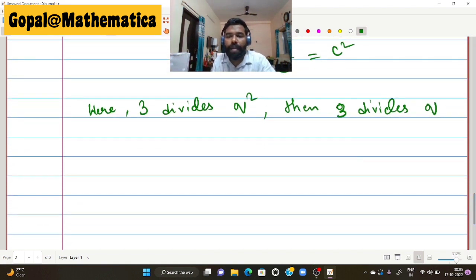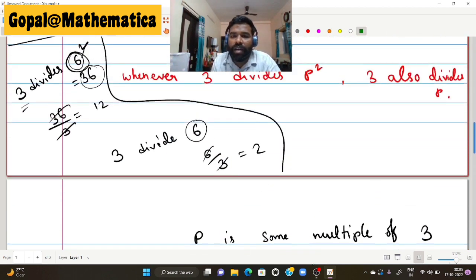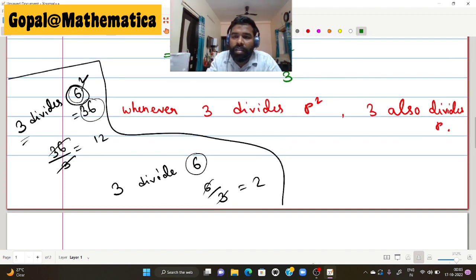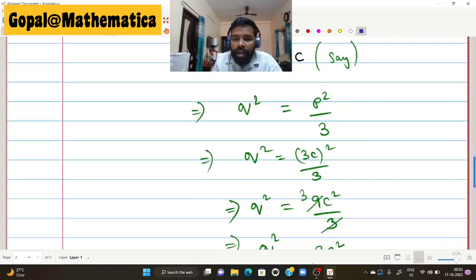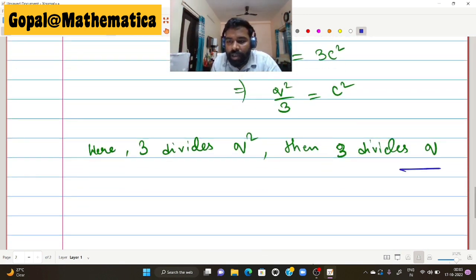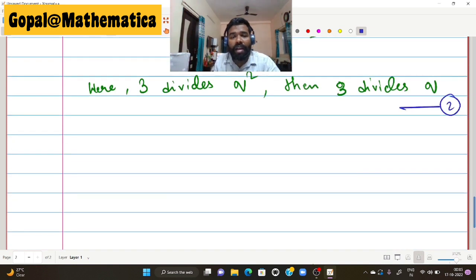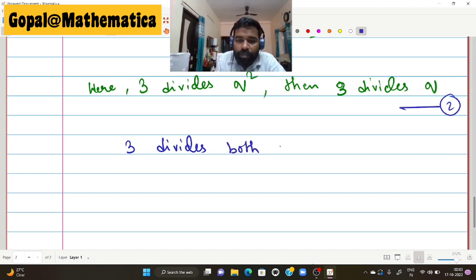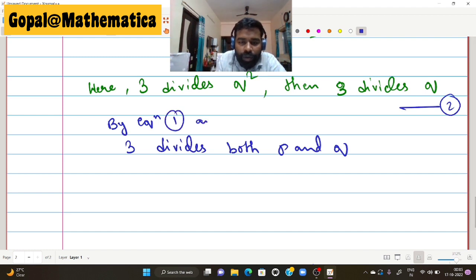If you go back and see what we have done till here, one equation I can mark as equation 1, and here equation 2. We have seen that 3 divides both p and q. I can write this by equation 1 and 2.